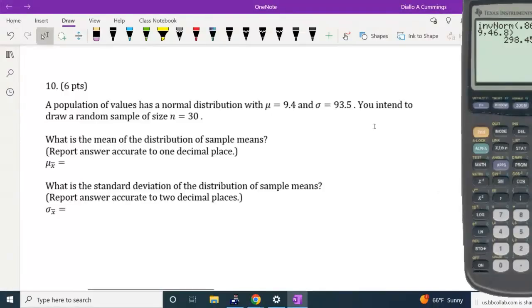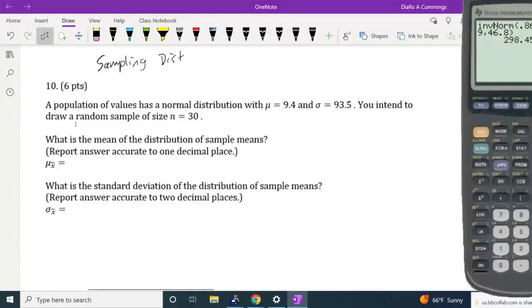Randomly choosing 30 things. That would make this a sampling distribution, because we're sampling more than one item. Now take a look at what they want us to find. It says, what is the mean of the distribution of sample means? And it's giving us this mean for a sampling distribution.